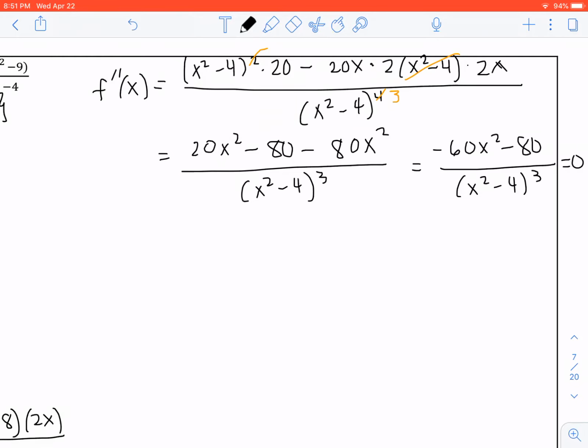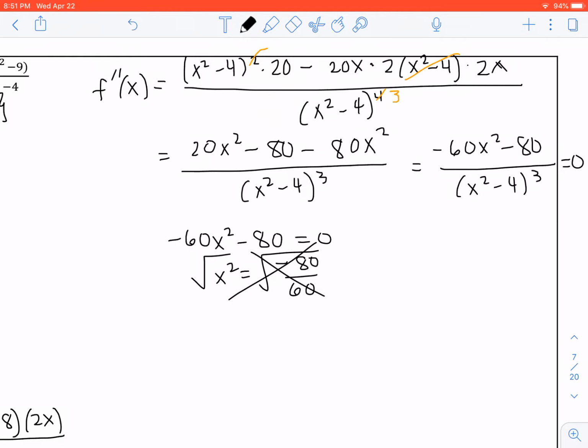When we do that, we get negative 60x squared minus 80 equals 0. Adding 80 and then dividing by negative 60, we get x squared equals 80 divided by negative 60. Taking a square root on both sides, you'll realize that that does not work. We cannot have a negative inside a radical, so there are not any possible inflection points there. So we'll go ahead and cross that off.